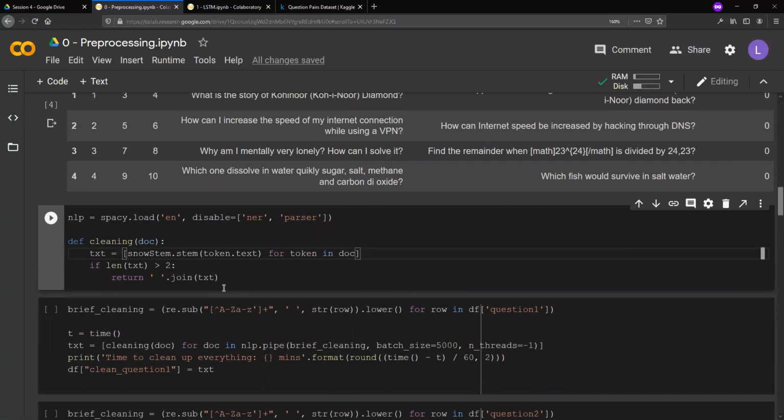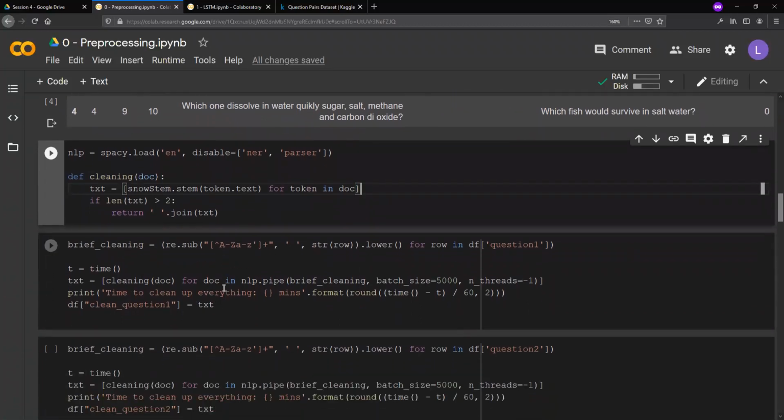This step will do some initial definition of pre-processing, again using spaCy, similar to the prior session. We are just going to do stemming.